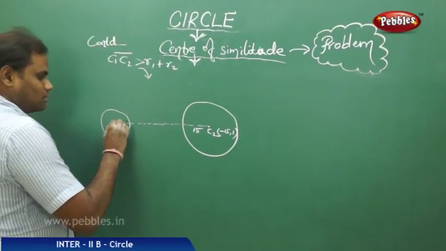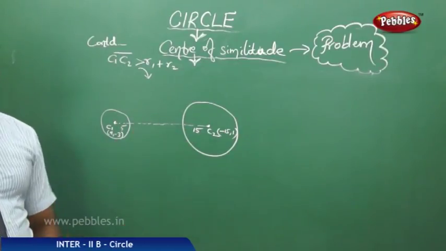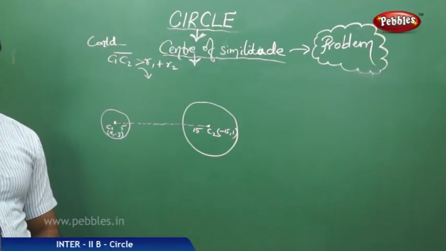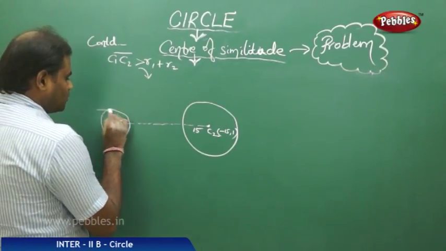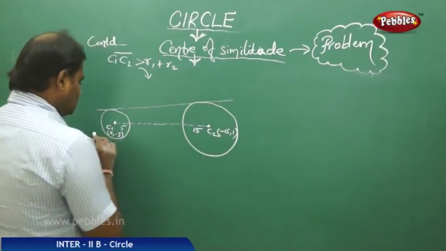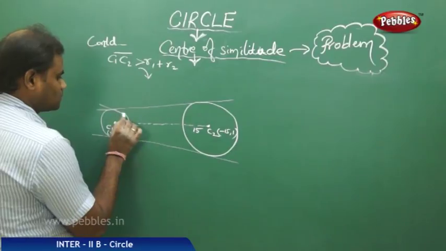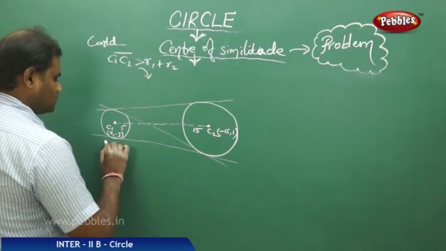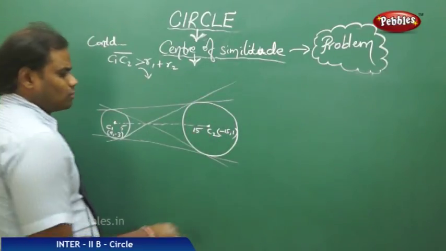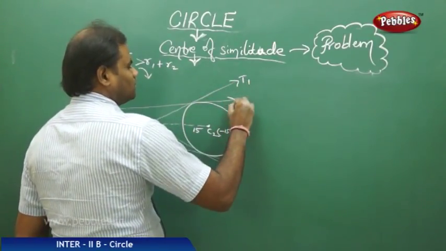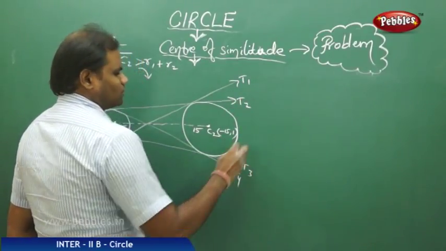So this is the case of two circles which are disjoint in nature. Now I can clearly see that there are 4 common tangents which I can draw: 1, 2, 3 and 4. So there are totally T1, T2, T3, T4.